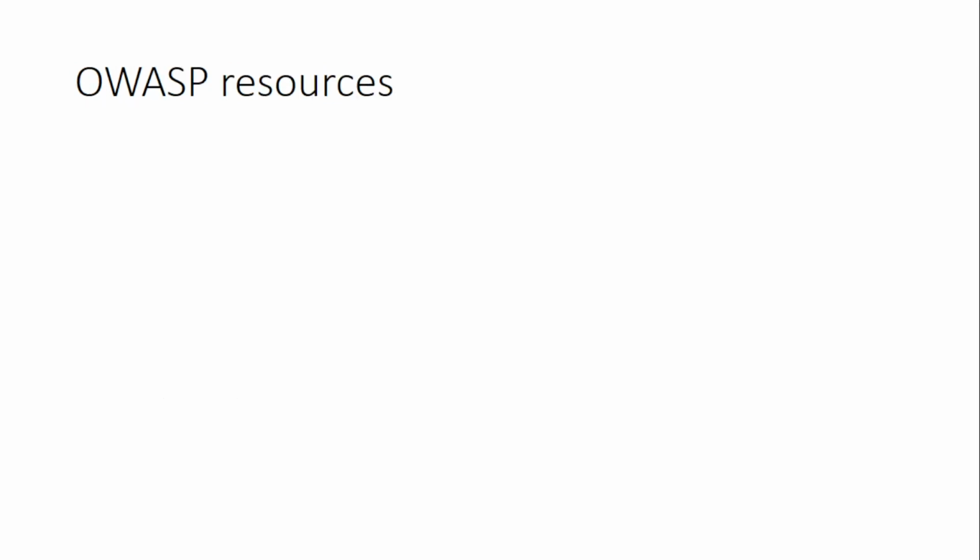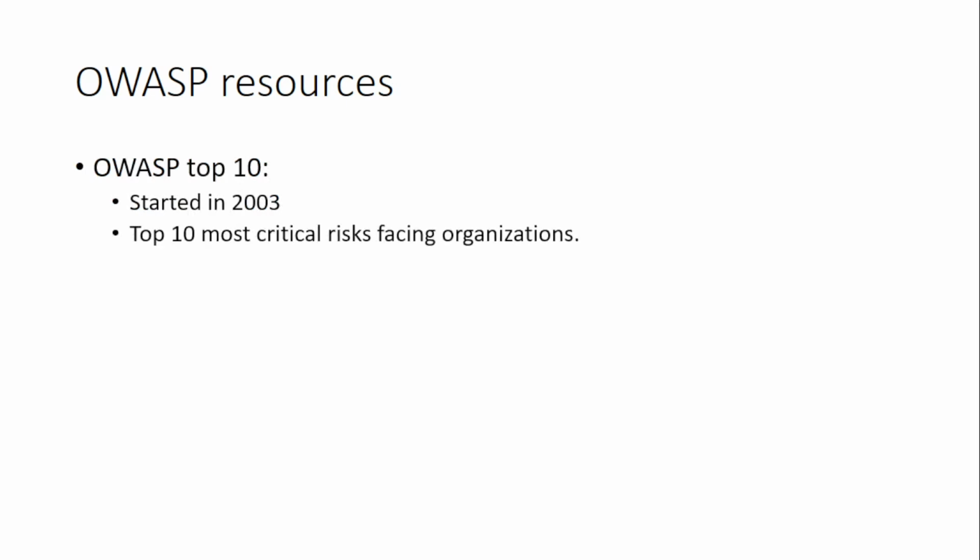The resources you can get from OWASP are, for example, the OWASP Top 10 that started in 2003, and it presents the top 10 most critical risks facing organizations. It's been updated regularly, the last one being the 2021 version.